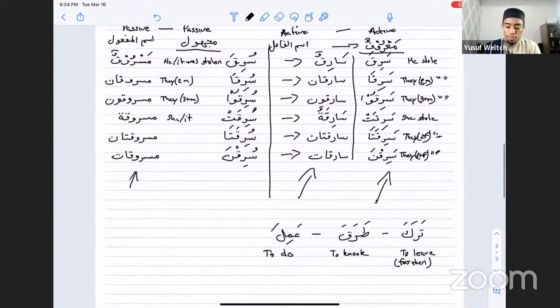Amila. How do I say plural, three or more women who do? Amila is also the word for work, to work. So amal is your job. So I want to say three or more women workers. Not that they work or they worked in the past, but three workers, but feminine.